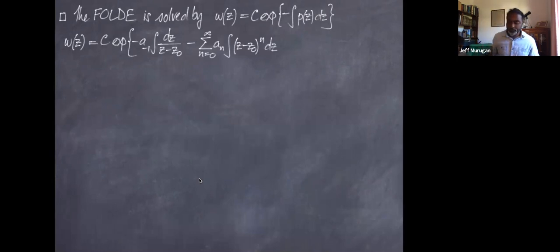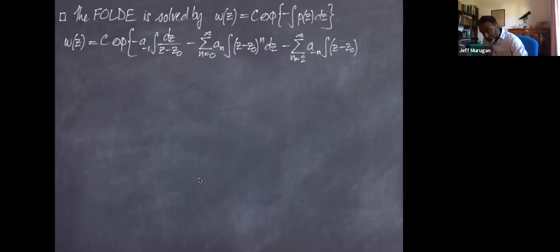These are all the positive powers as well as 0, minus the sum from n equals 2 to infinity of a minus n integral of z minus z naught to the minus n with respect to z.